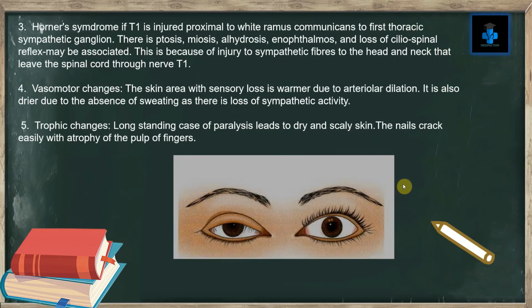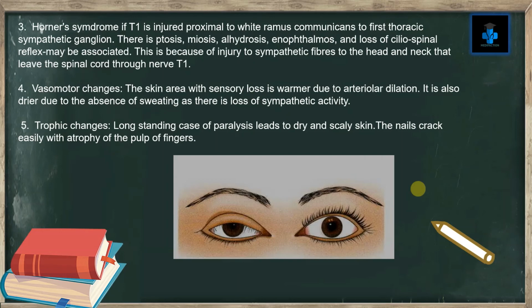Horner's syndrome. If T1 is injured proximal to white rami communicantes to first thoracic sympathetic ganglion, there is ptosis, miosis, anhidrosis, enophthalmos, and loss of ciliospinal reflex may be associated.